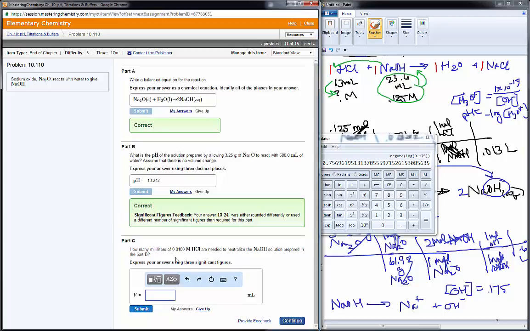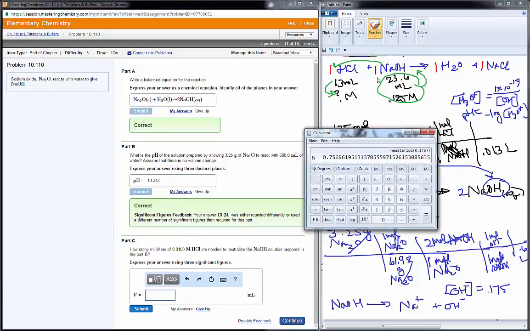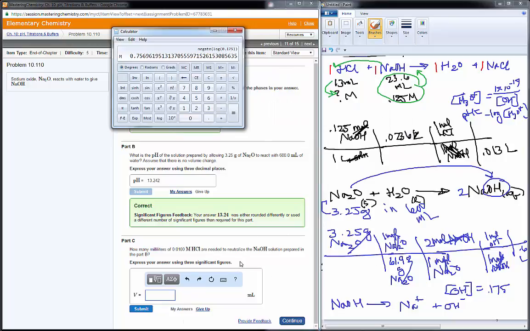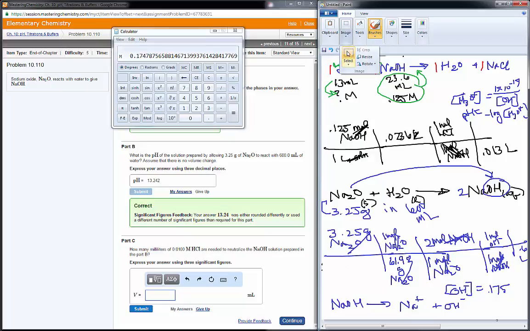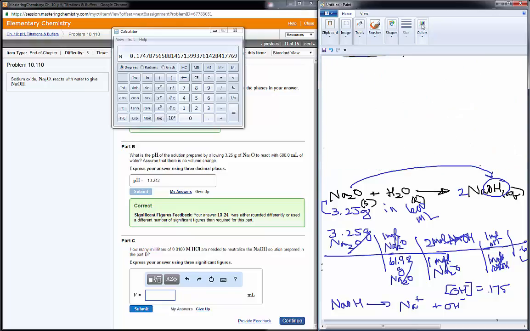Okay, how many milliliters of this HCl solution would be needed to neutralize this particular solution here? Well, if my OH minus concentration is 0.175, let me recall that, 0.1747876 to be specific. That's the number of moles per liter that I've got. Let's write this equation up here.